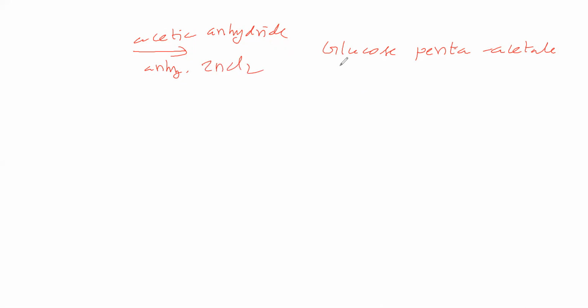That means, which group is reacting with the anhydride? That we'll see. Now we'll take the alcohol group and acetic anhydride.